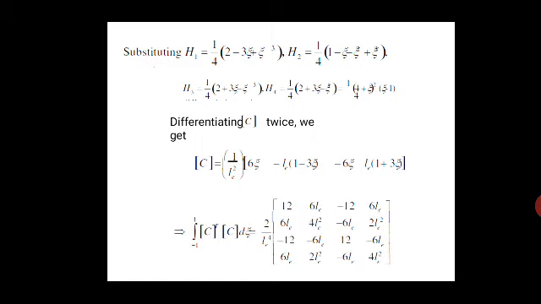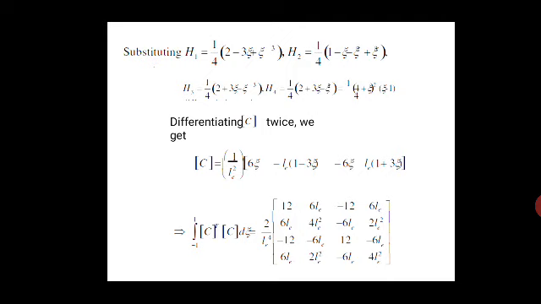Therefore, on substituting the values of C transpose and C, we have the matrix as integral from minus 1 to plus 1 of C transpose into C dζ as 2 by Le to the power of 4.